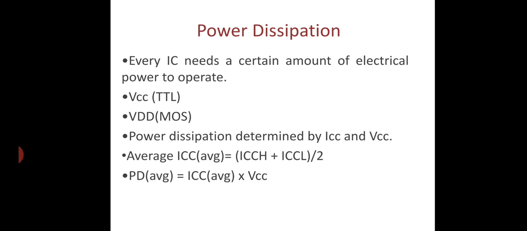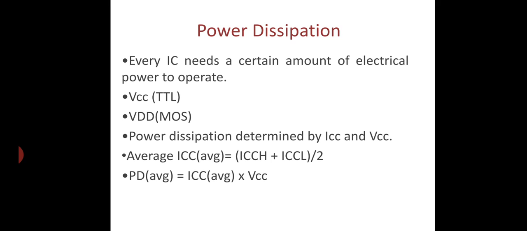To protect the IC from damage, we need to always keep power dissipation very low, and power dissipation is determined by the current ICC that is drawn from VCC. Therefore, we can say power dissipation is equal to VCC into ICC.